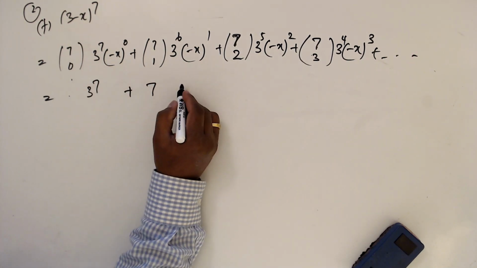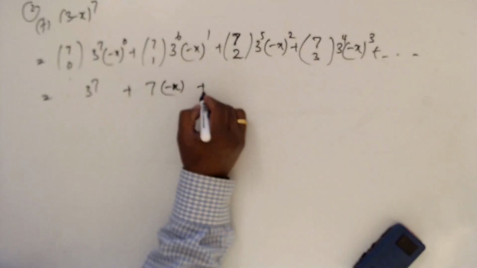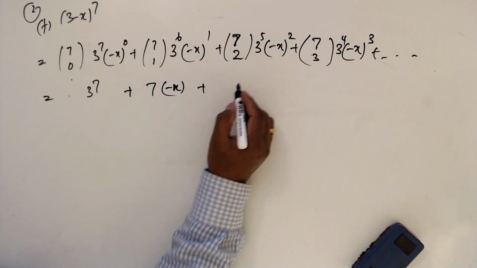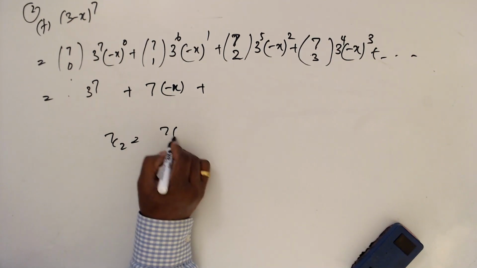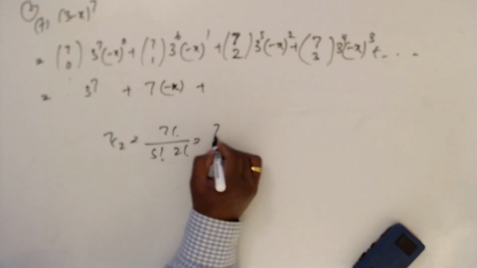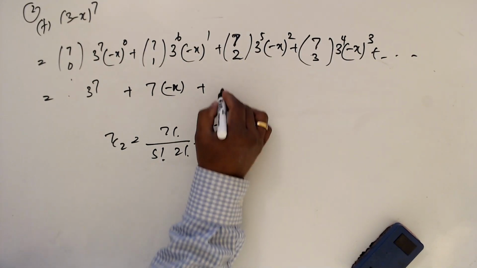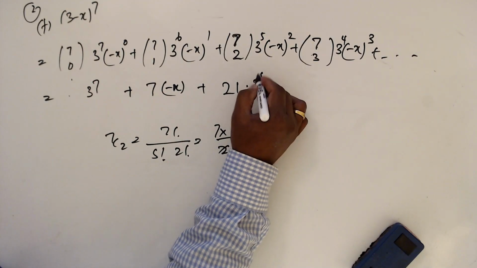This is 7 and minus x, and this is going to be 7C2, 7 factorial over 2 factorial 5 factorial, 7 times 6 divided by 2, 21 times 3^5.